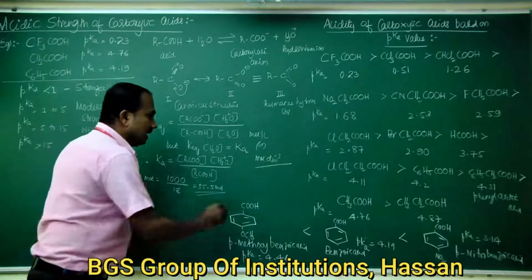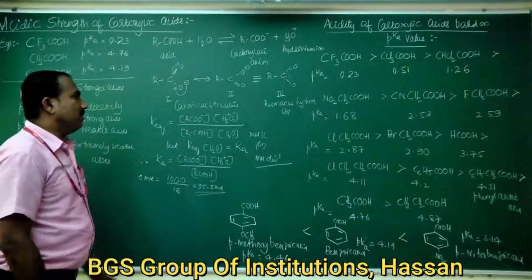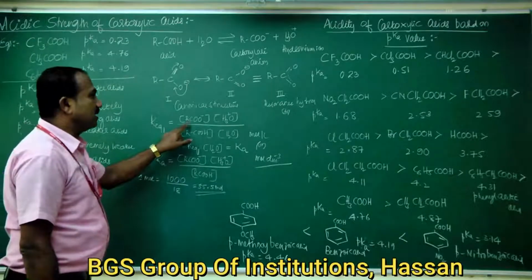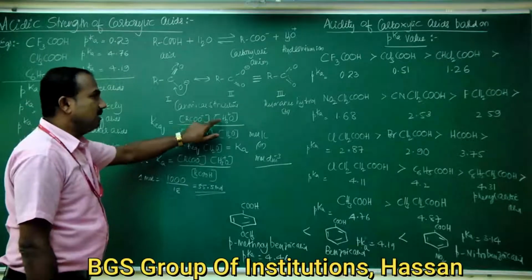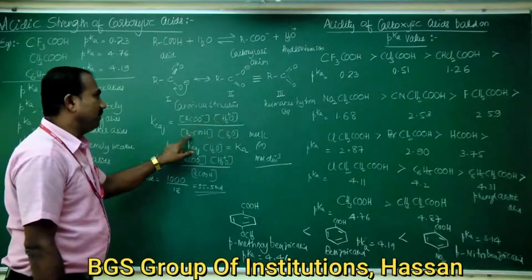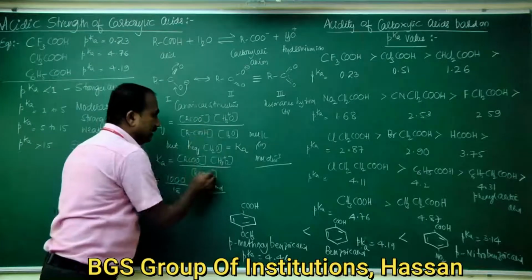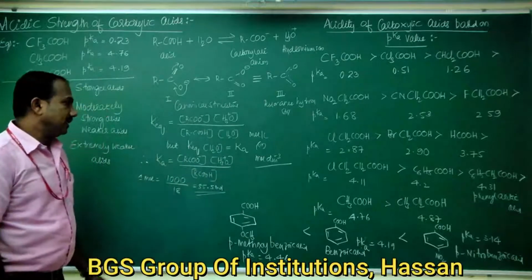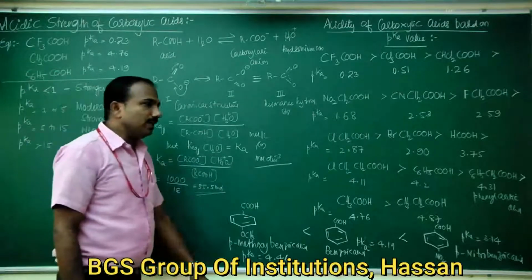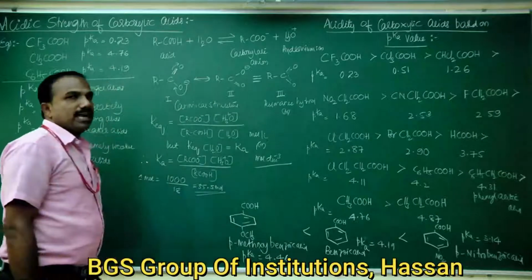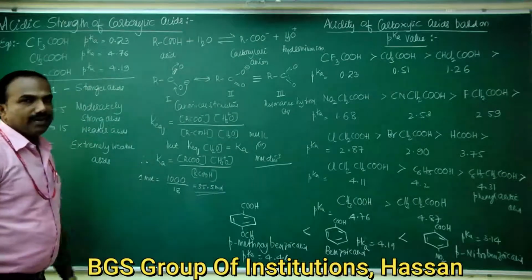Therefore, it virtually remains constant. So it depends only on the concentration of carboxylate ion and the concentration of hydronium divided by the concentration of the reactant, that is carboxylic acid. Therefore, the strength of carboxylic acids can be expressed in terms of Ka.